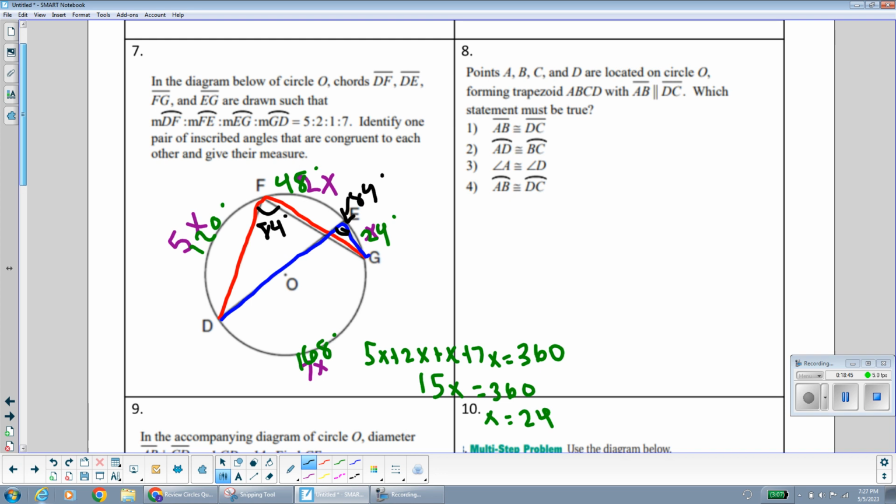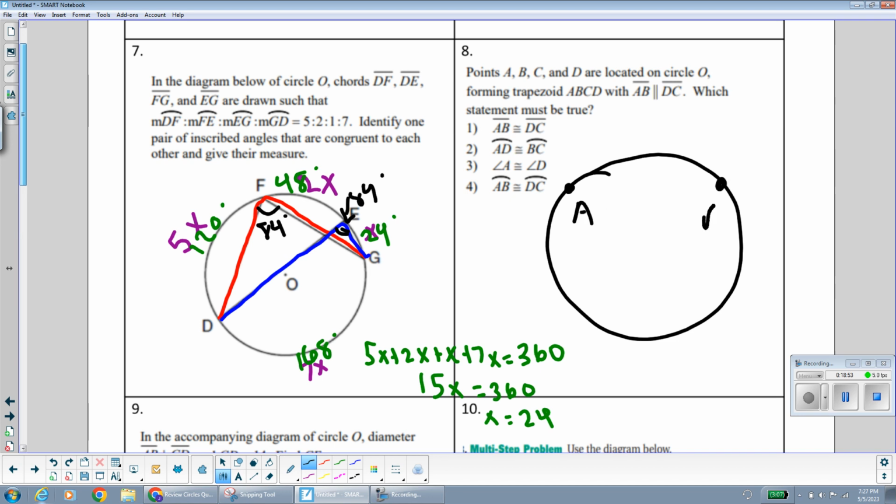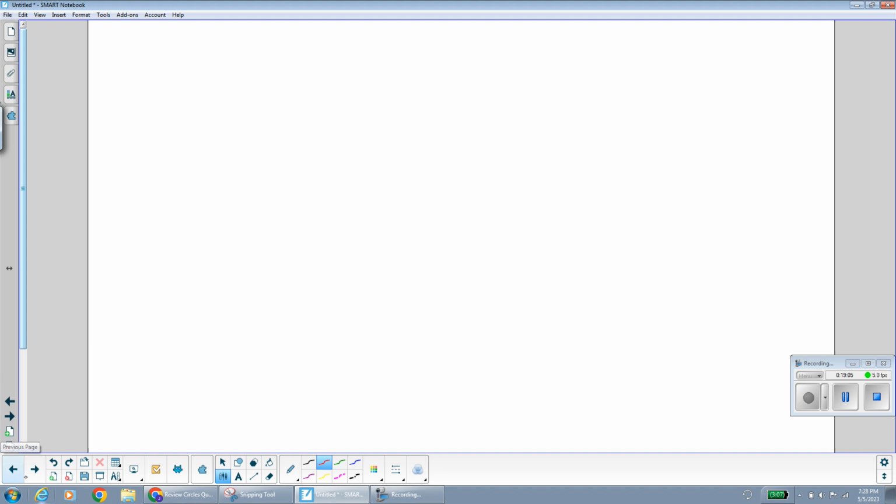Okay, moving along. I know that I have a circle, and that A, B, C, and D are located on the circle and that they form a trapezoid. I'm a really bad artist. Oops.